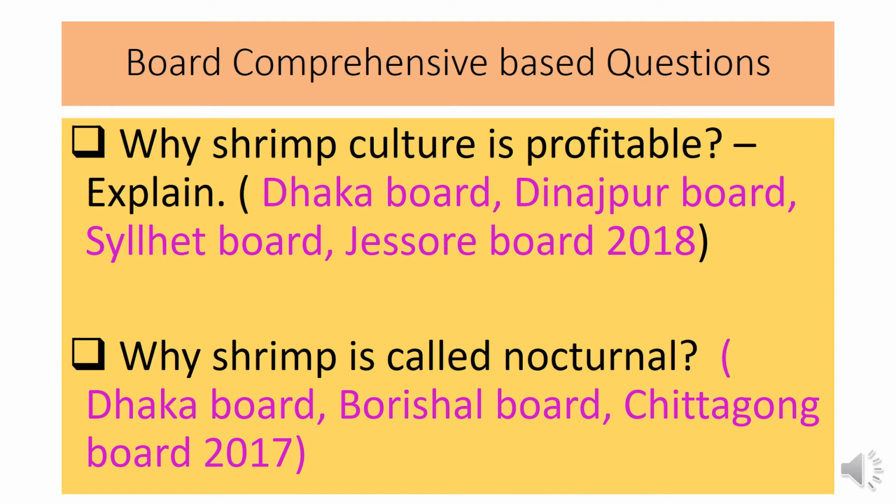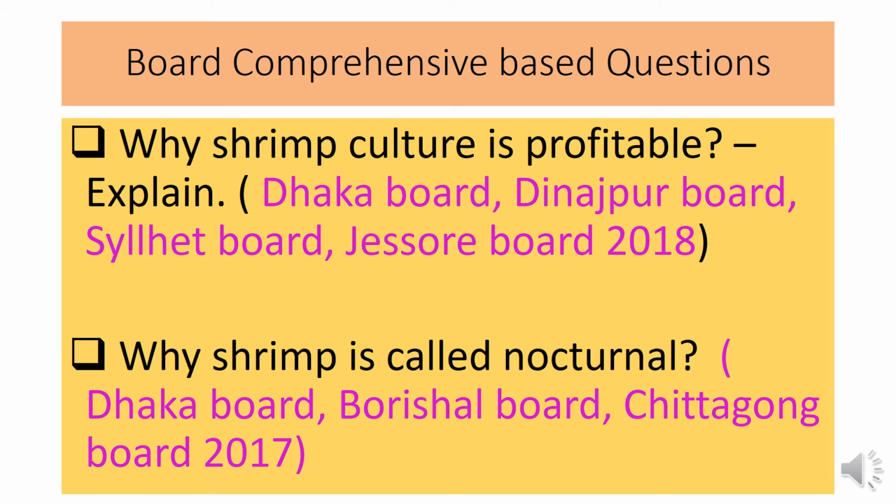Mainly, shrimp is very popular among all fishes, and the demand for shrimp is high in the local market and abroad. 7.8% of export income comes from shrimp, and shrimp fries are available. Shrimp farming can be done with less investment.